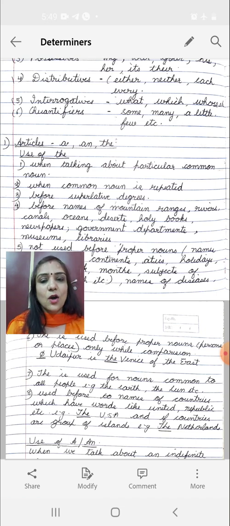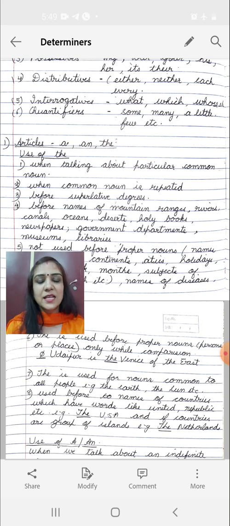Like if I say cow is a holy animal, it refers to all the cows. So it is used in a general sense. And when we use a common noun in a general sense, we don't use any article. I'm not talking about proper nouns. For proper nouns also we don't use any article unless we are comparing. If we compare a proper noun to somebody else, then only we'll use the article. That I'll discuss just after this.